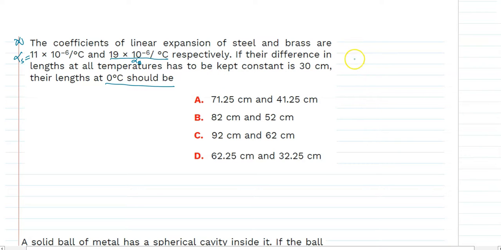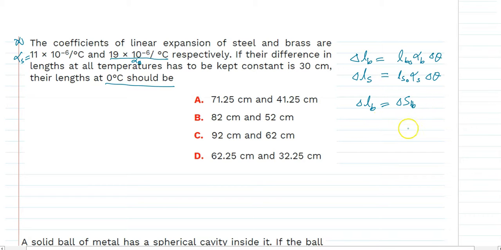So del LB will be LB alpha B delta theta or delta T, and del LS for steel will be LS naught alpha S delta theta. Del LB will equal del LS, because the difference of length is the same, meaning how much the length of steel increased will be the same as the length increase of brass.